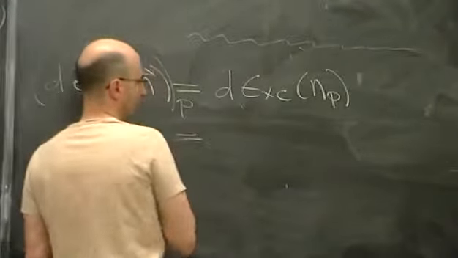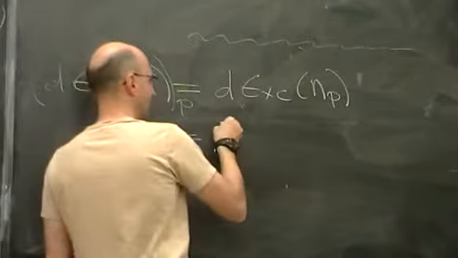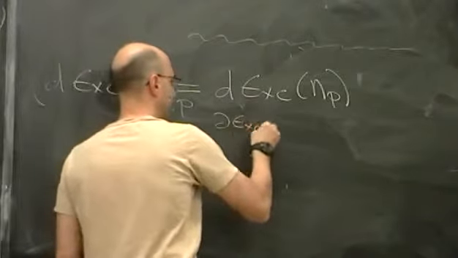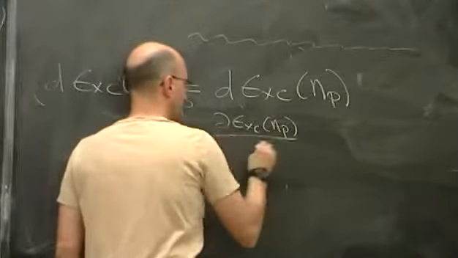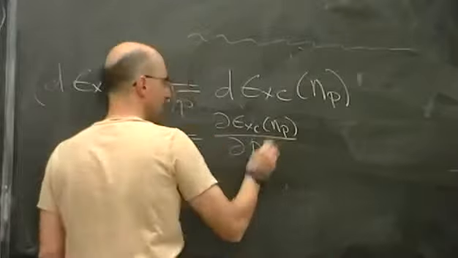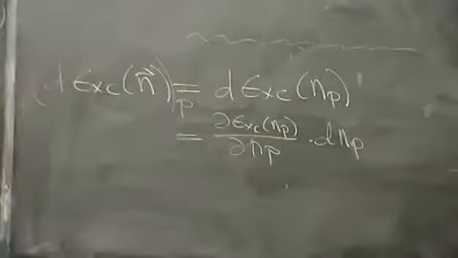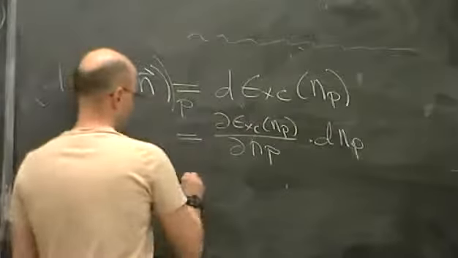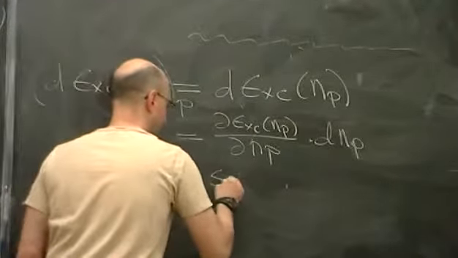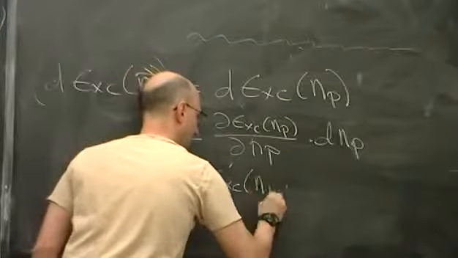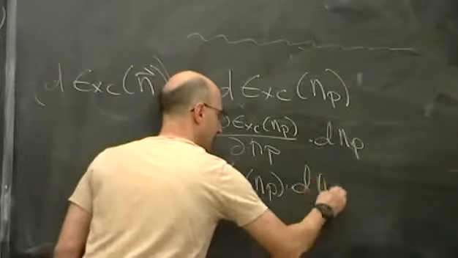This, by differential calculus, by the chain rule, is partial EXC at np with respect to np times dnp at that particular point. Well, shorthand, this is EXC prime at np times dnp.